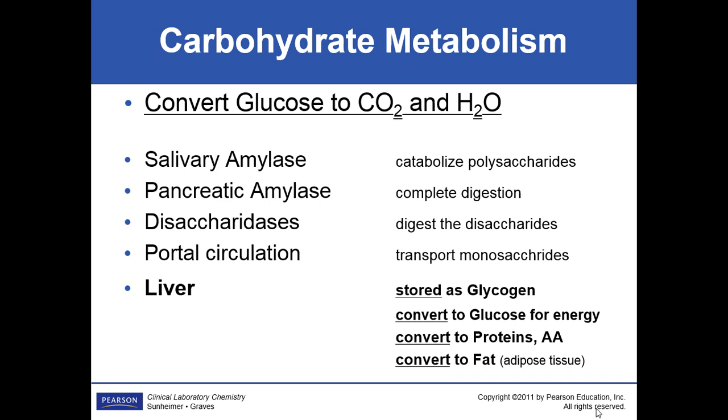They can go to the liver, and they will be stored as glycogen, or they're converted to be used. Remember, they were mono, so we can go to glucose to get our immediate energy, or we can convert to proteins or fat. So we use it in some fashion, or we're going to store it.